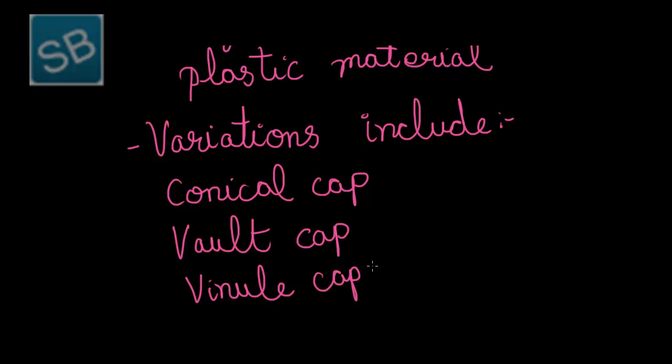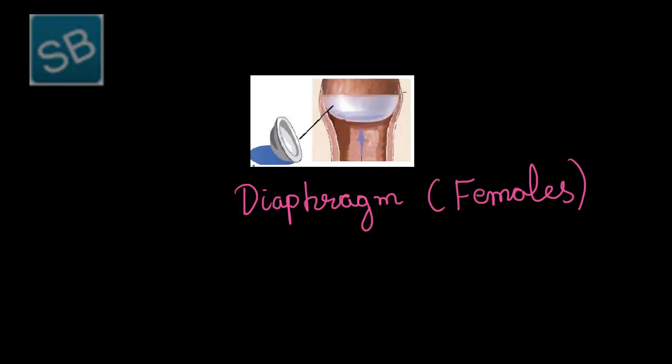Thus, these diaphragms form a cap-like structure in these varied forms to act as the vaginal barrier. This figure depicts the structure of the diaphragm in females, as can be seen from the figure, it is used to cover the vagina or cervix so that the ejaculated semen does not enter. This is all about the physical barrier method.